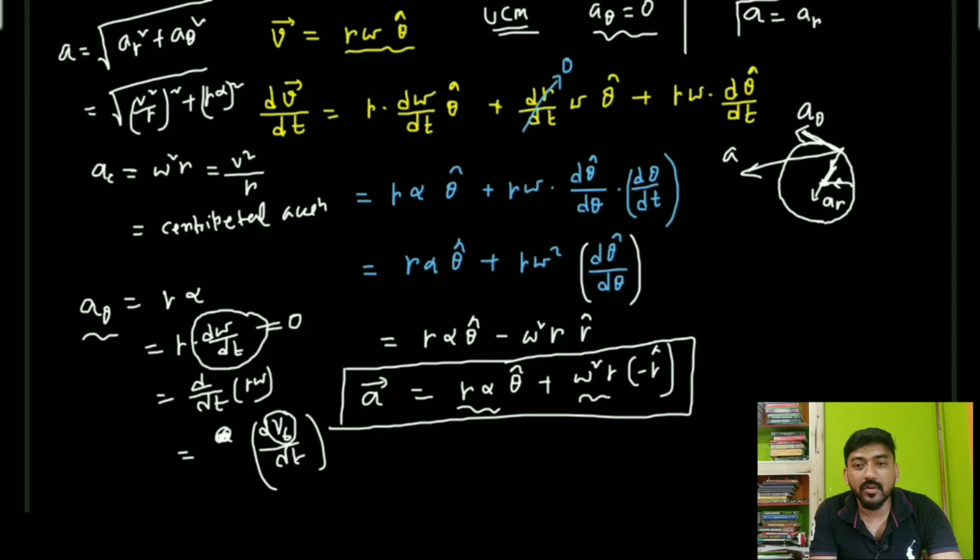So for uniform circular motion you only have the centripetal acceleration, or the radial acceleration.